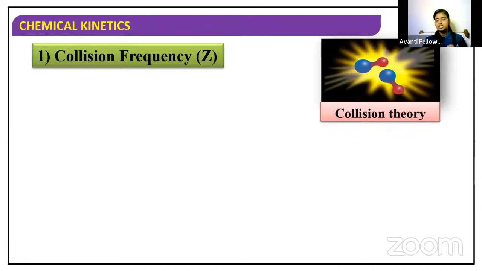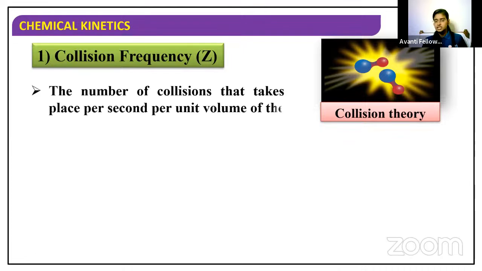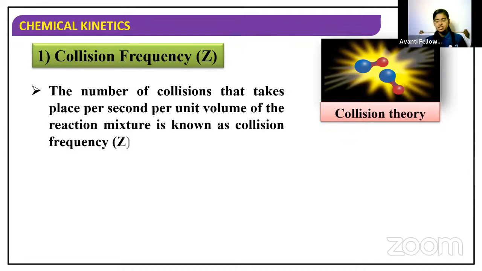Collision frequency is denoted by the letter Z. Now let's see the definition. It is the number of collisions that take place per second per unit volume of the reaction mixture. The number of collisions taking place in a container per second per unit volume is called collision frequency.